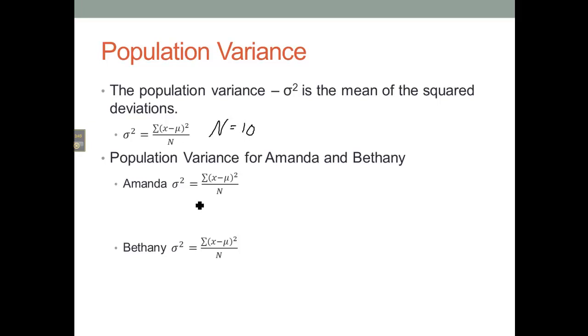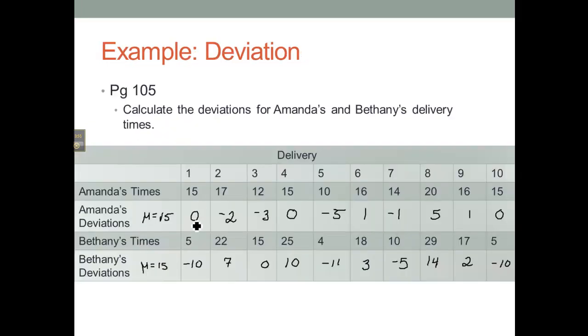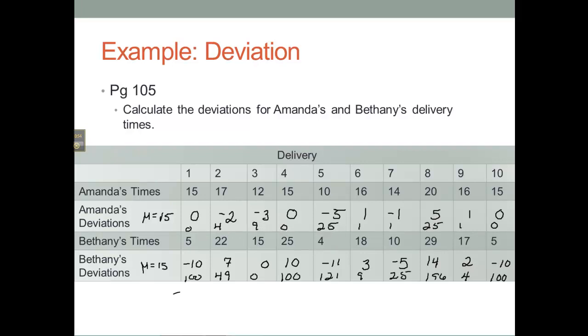So we need to go back to this. We need to square these guys. So that's still 0. This is going to be 4, 9, 0, 25, and like magic, the squares of each of these appear. So now we need to add them up.